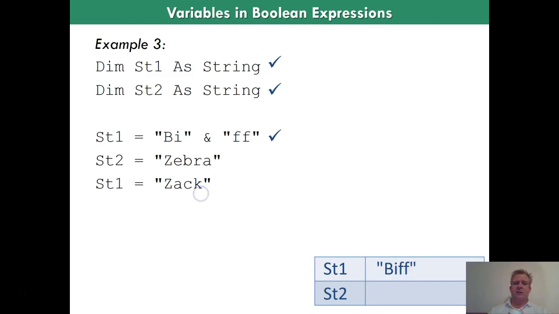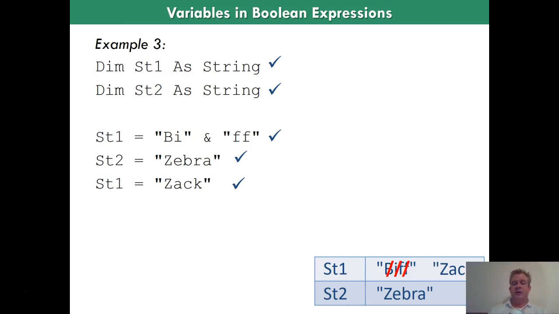So in the first case, bi and ff get concatenated and give us biff. Next, we assign zebra to string 2. And we finish off by reassigning a value to string 1, so we replace biff with Zach.